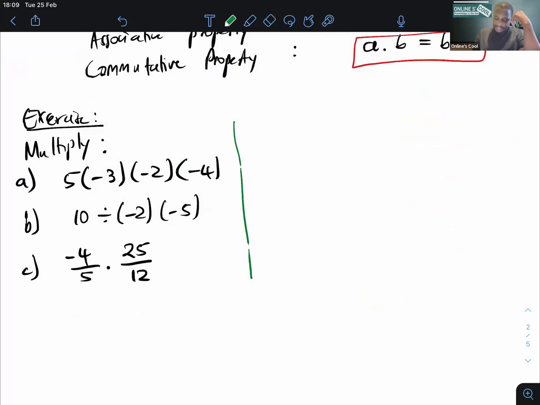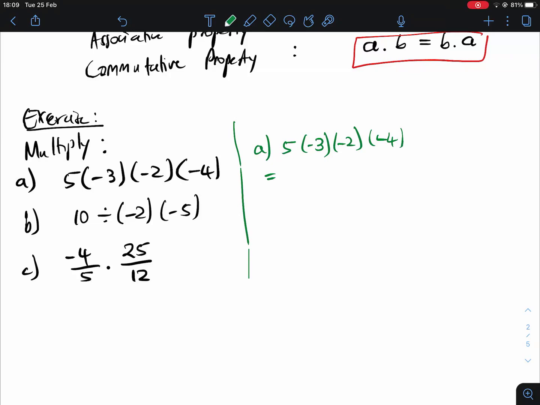Now, the exercise requires you to multiply the following numbers. So how would you multiply A, which is 5 times -3 times -2 times -4? How would you multiply this? What is the answer to this thing? Negative 120. It's negative 120. I started with the -3 and -2, and I got +6.